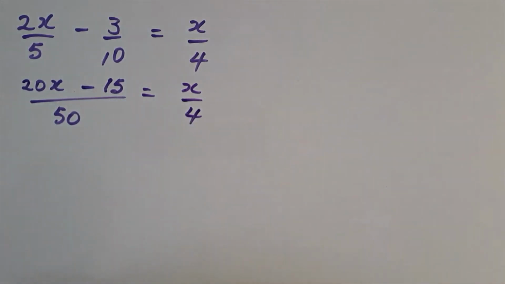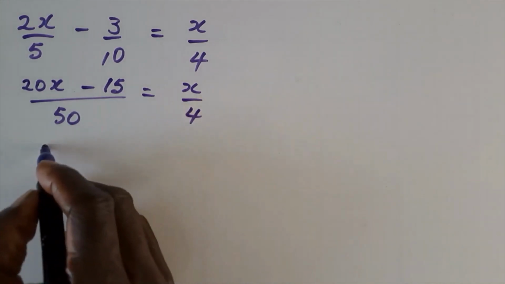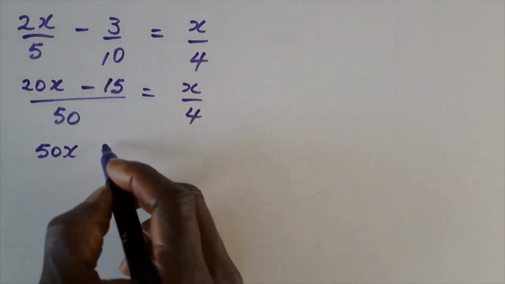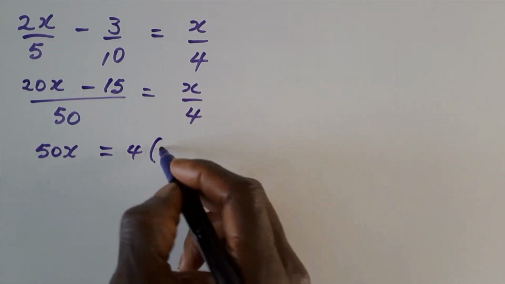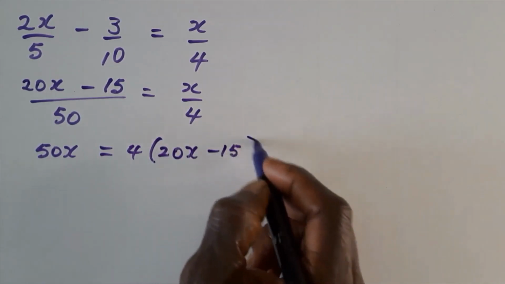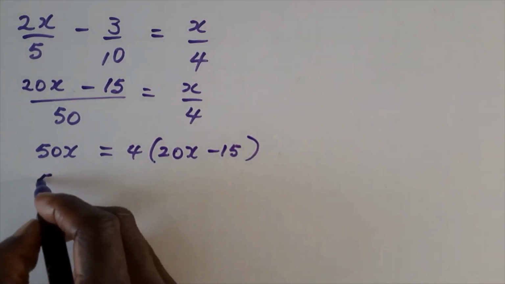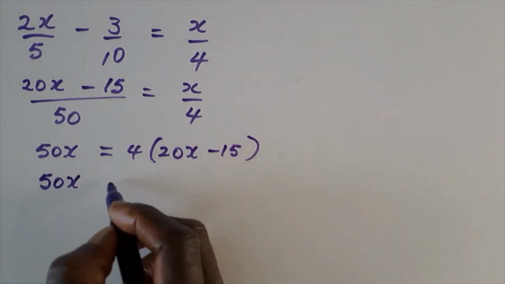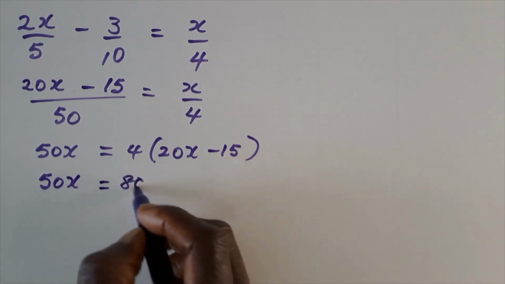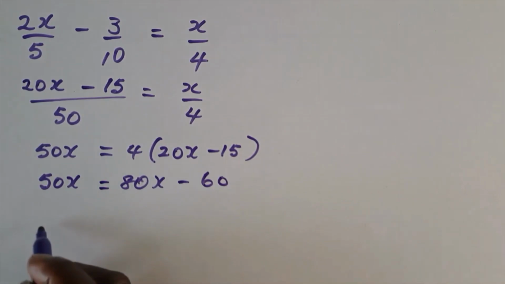And now we'll cross multiply here. So we have 50x as equal to 4 into brackets 20x minus 15. And now we can simplify to give us 80x minus 60.